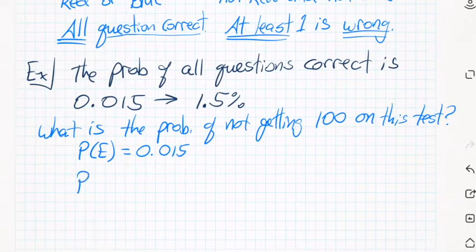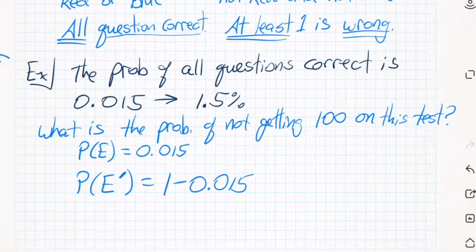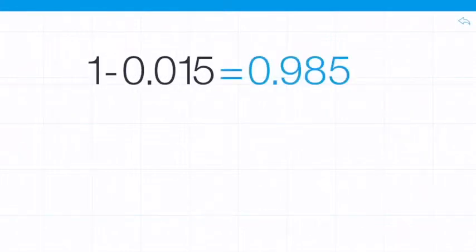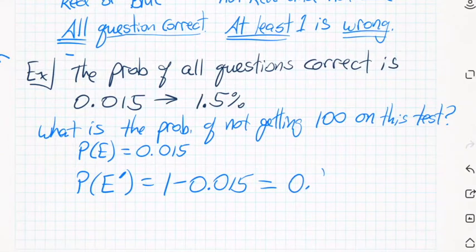So the probability of its complement is going to be denoted this way. It's a little dash next to the E. So this is the probability of the event's complement, which is going to equal 1 minus 0.015, which is equal to 0.985. So the probability of not getting 100 is actually quite high.